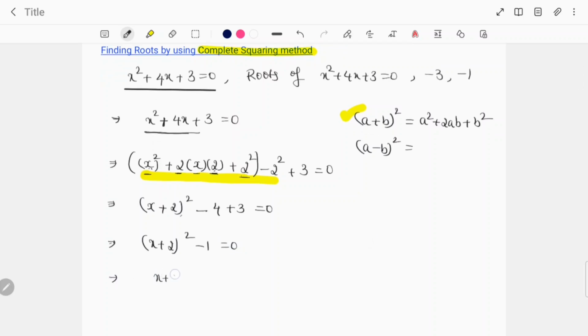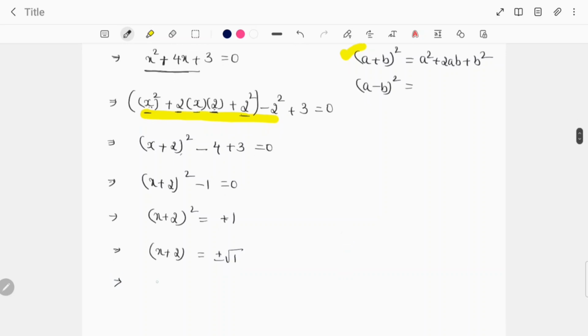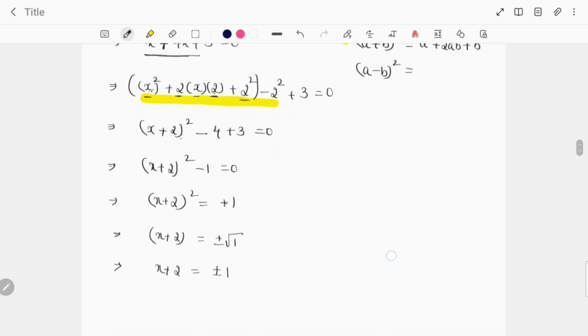Now x plus 2 whole square equals minus 1 going to that side, plus 1. The square also we can send over: x plus 2 equals plus or minus square root of 1, and the square root of 1 is plus or minus 1.